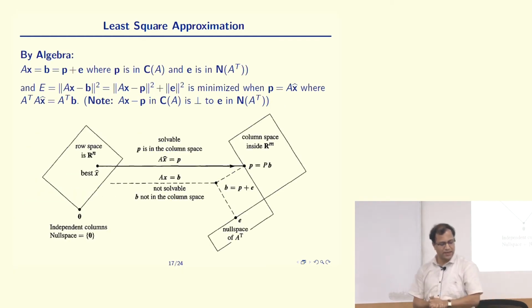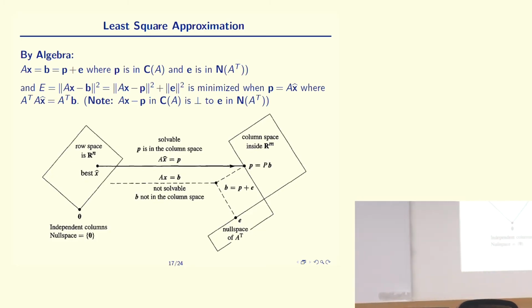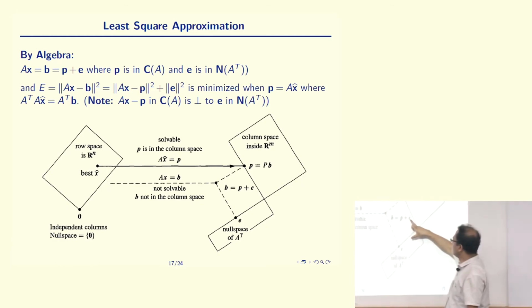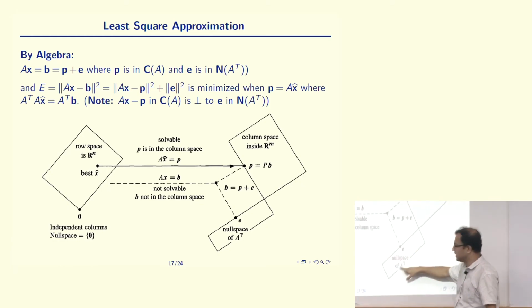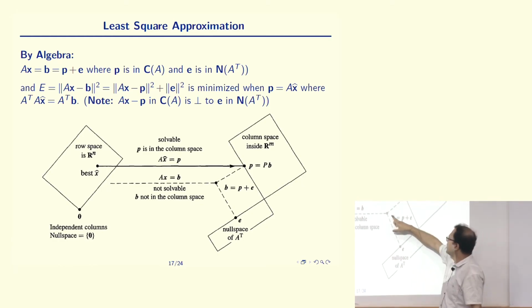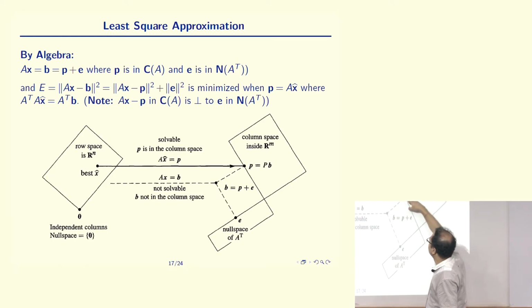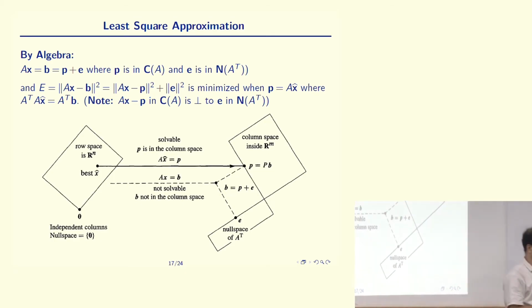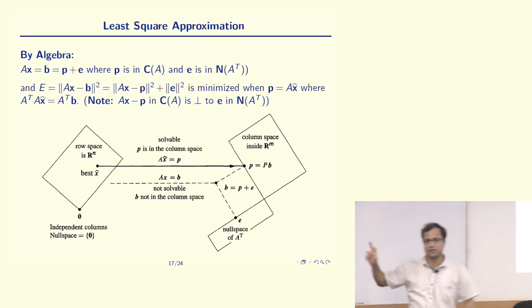So the algebraic way is that we chose this E vector belonging to the left null space. When this B vector is outside the column space, you can split it into this vector and this vector. One will be your P, the projection vector.